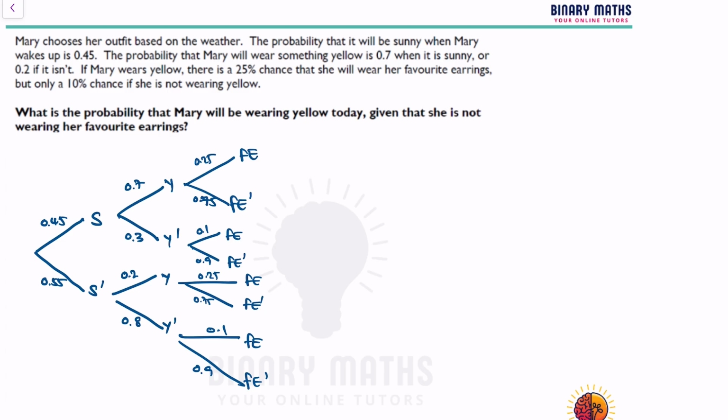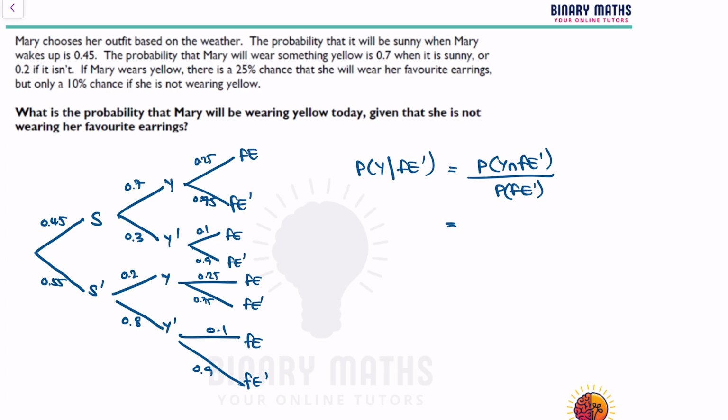What is the probability that Mary will be wearing yellow today, given that she is not wearing her favorite earring? So yellow given not favorite. Using the conditional probability formula, this is the probability of Y intersect not favorite earring over the probability that she doesn't wear her favorite earring.